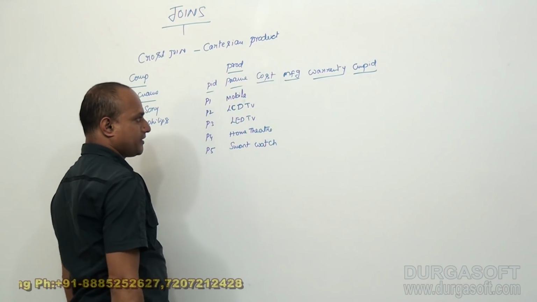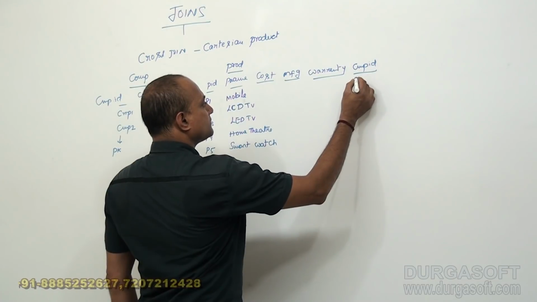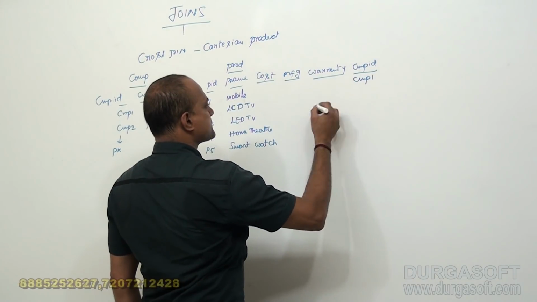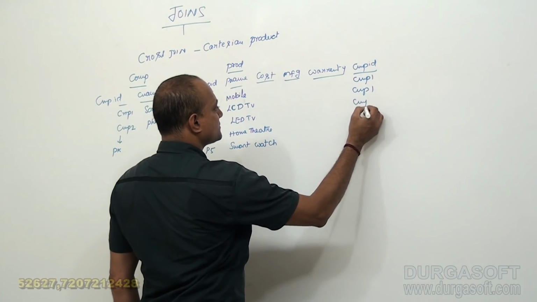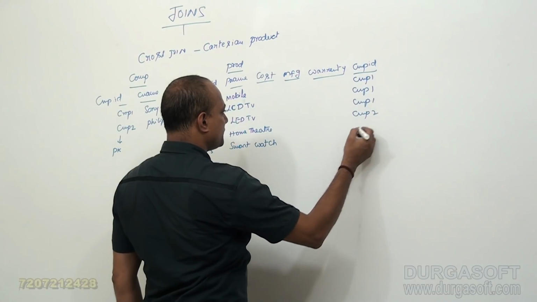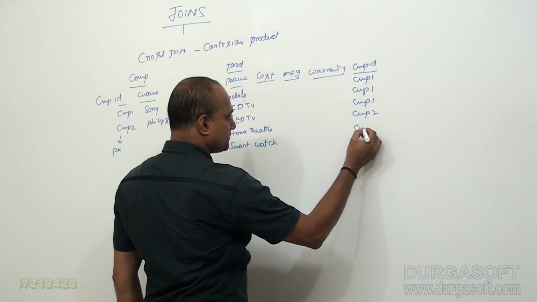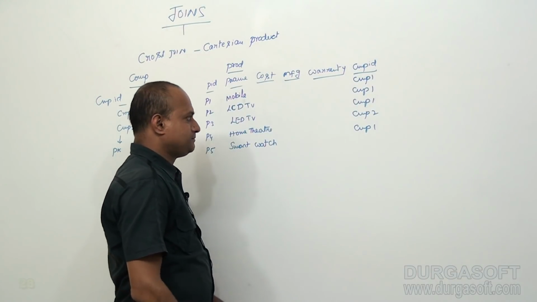These are the different products. Let us say mobile is from CMP1, LCD TV is from CMP1, LED is also from CMP1, home theater is from CMP2 and smartwatch is from CMP1. Assume that.